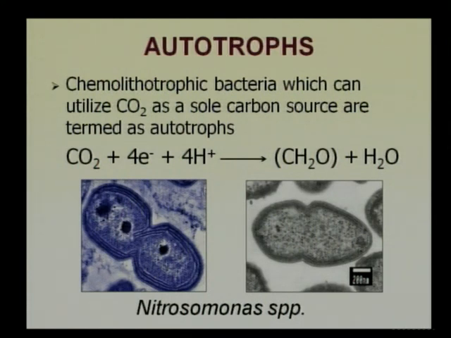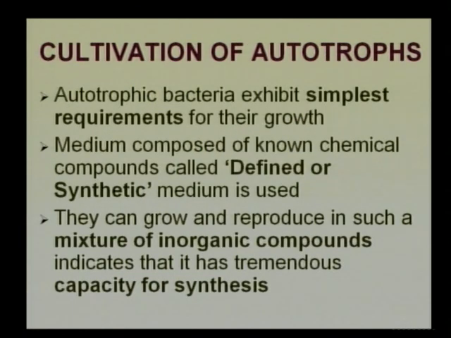Particularly Nitrosomonas, which is seen in the picture, is a chemolithotrophic bacterium, an autotrophic organism. These types of autotrophic organisms can utilize energy from reduced sources like hydrogen, hydrogen sulfide, and elemental sulfur as electron donors.